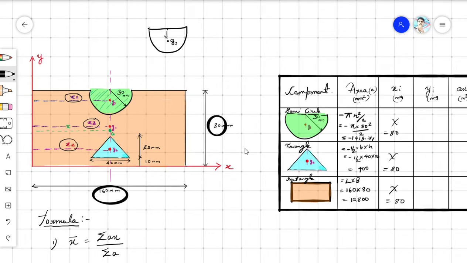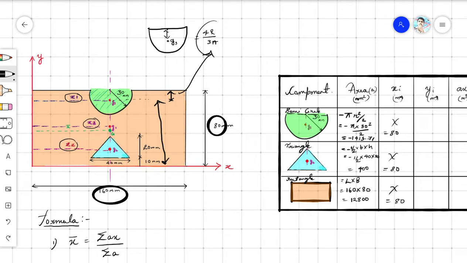We know this distance, that is 4r by 3 pi. But what distance do we need to find? We need to find this distance actually.